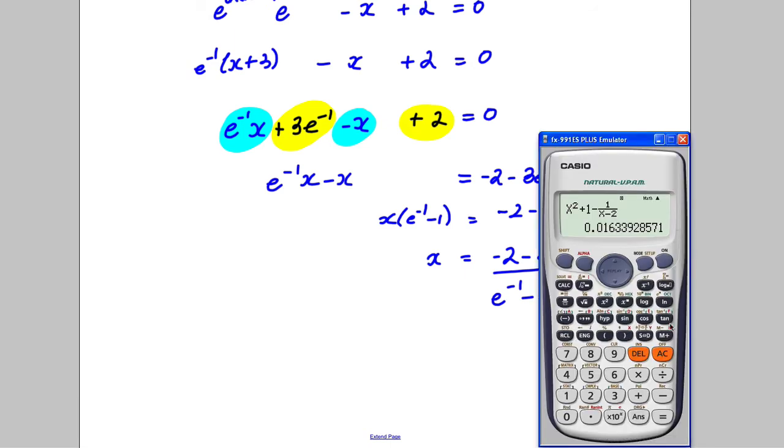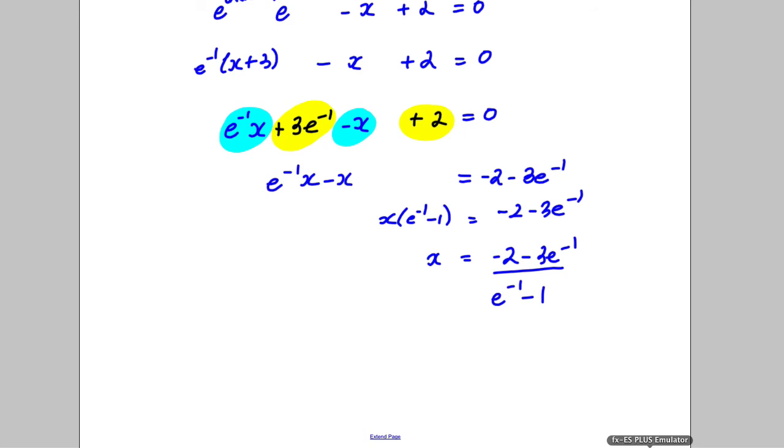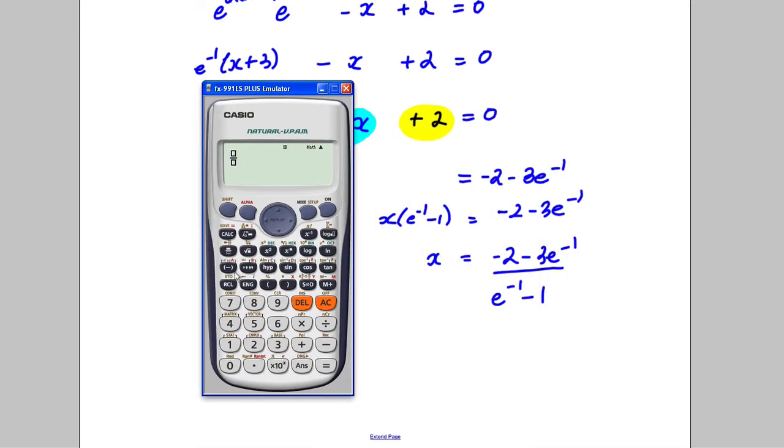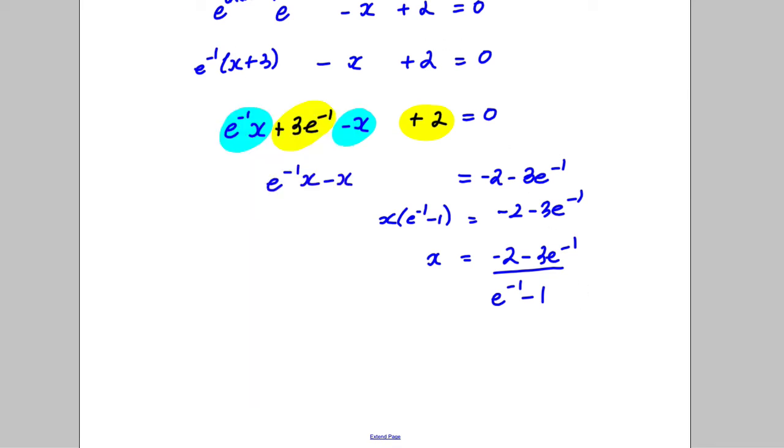So I'm going to get my calculator out, and I'm going to write down a fraction, negative 2 subtract 3 e to the power of negative 1, all over e to the power of negative 1 take away 1, and I get the answer 4.91 to 2 decimal places as required. So I get the answer 4.91 to 2 dp.